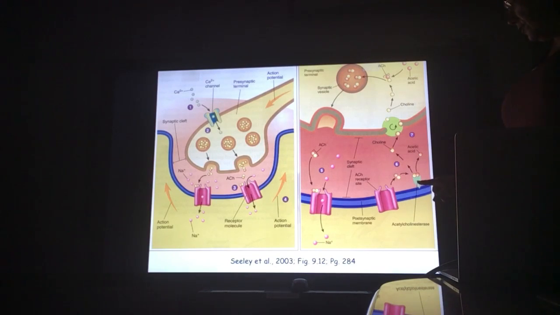Acetylcholinesterase, or cholinesterase, pulls acetylcholine off of the receptor to close it back and breaks acetylcholine into acetate and choline.